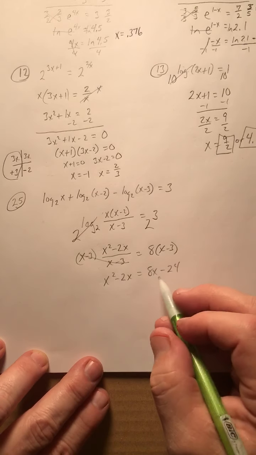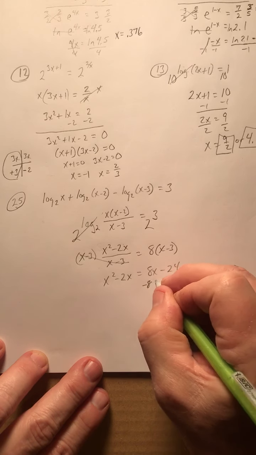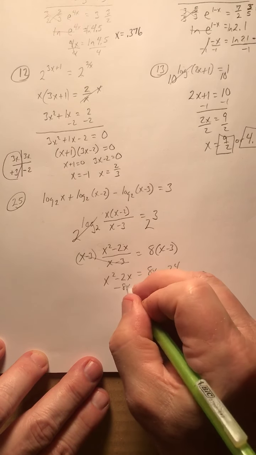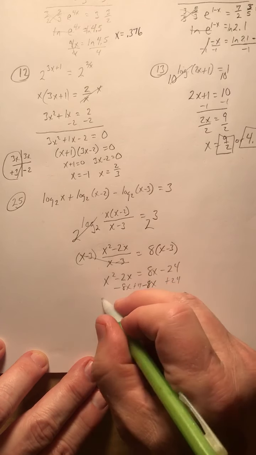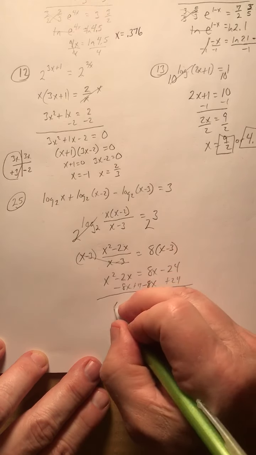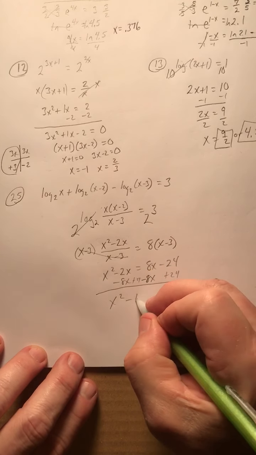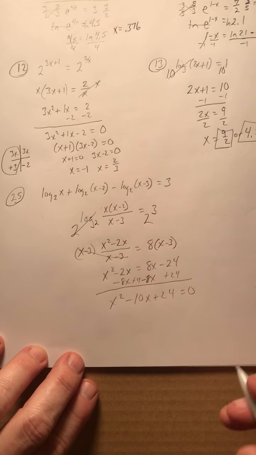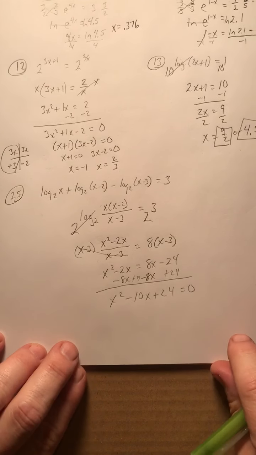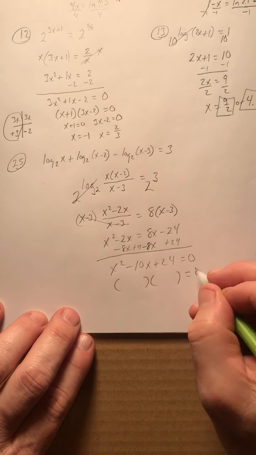Now we got to bring everything over to one side. So minus 8x, minus 8x, plus 24, plus 24. So we get x squared minus 10x plus 24 equals 0. Now we got to factor this, so 2 sets of parentheses equals 0.